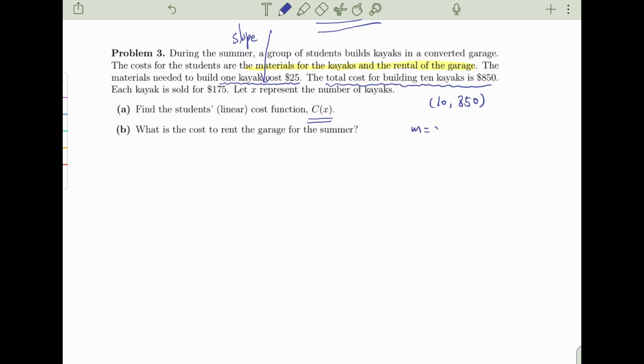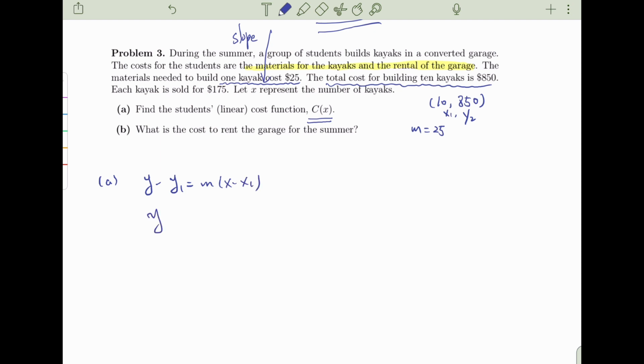So now we have m equal to 25, and (x1, y1) is equal to (10, 850). So we can use the point-slope form to find the equation of the line. y minus y1 equals m times (x minus x1).